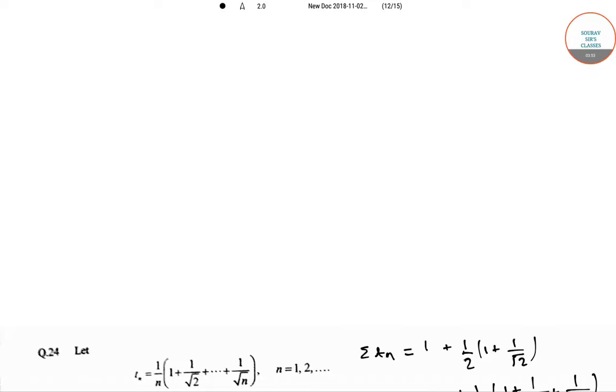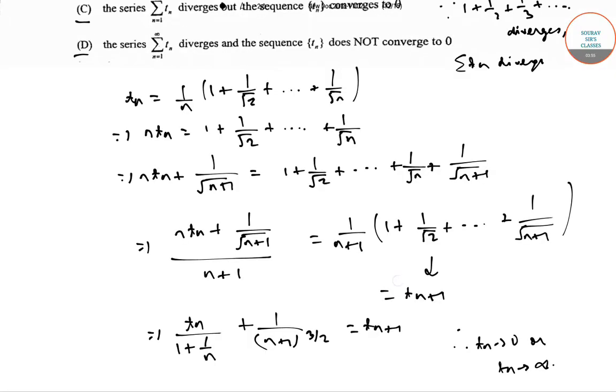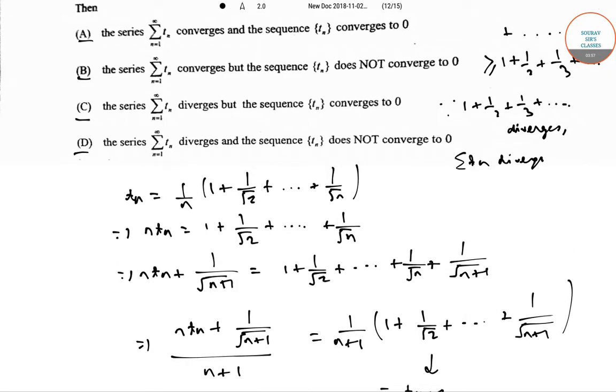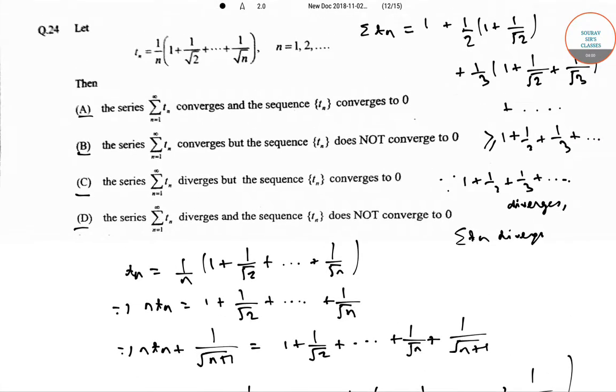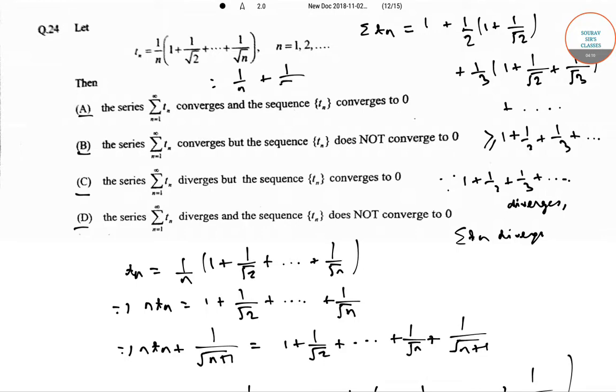But since Tn = (1/n)(1 + 1/√2 + ...), if we further open it, it is 1/n plus 1/(√2 n), and it goes on to 1/(n√n).